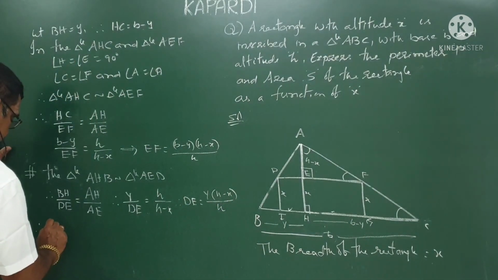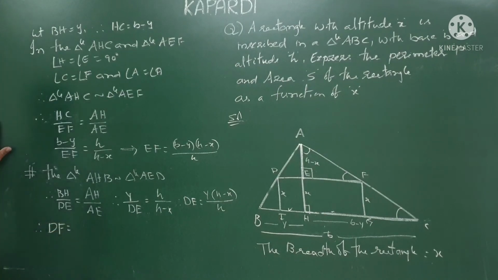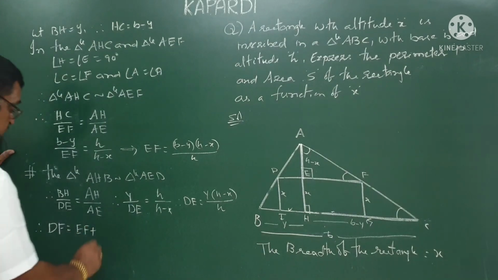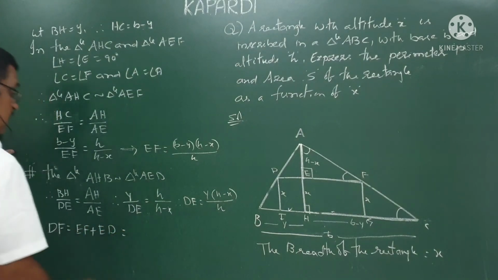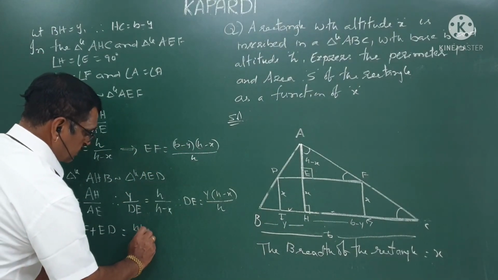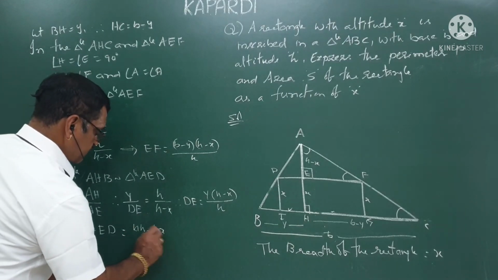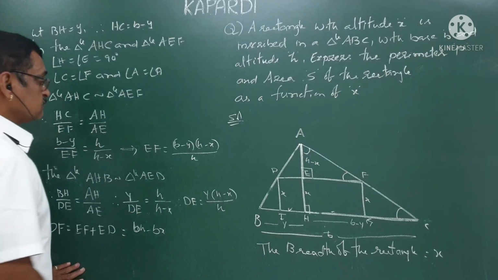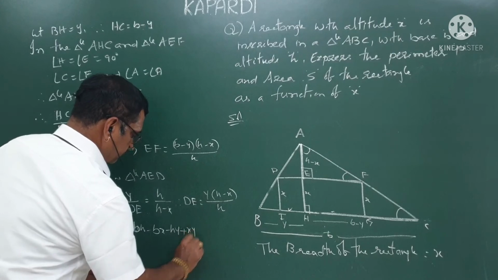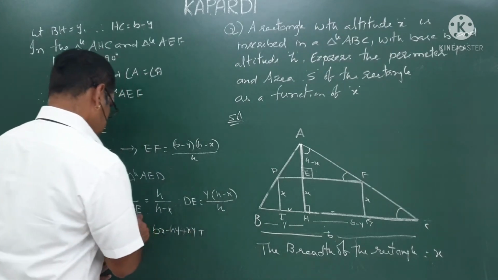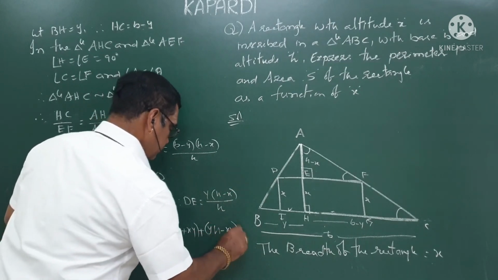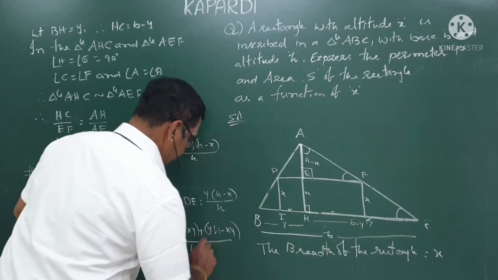Now DF is equal to EF plus ED. Already we have EF is equal to that one. I'll open the bracket: BH minus Bx minus Hy plus xy, and hence Hy minus xy by H. I take an LCM.